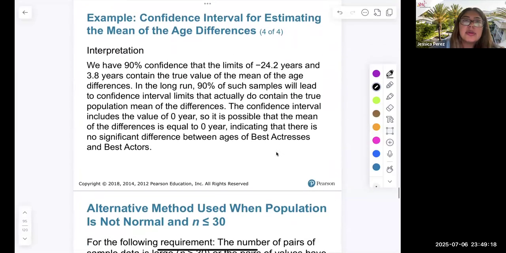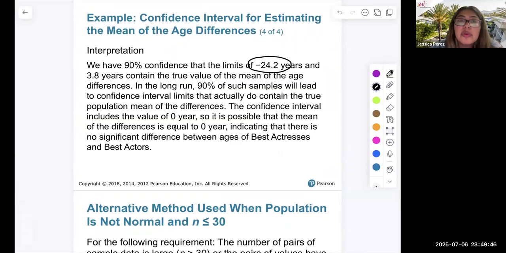So what is the interpretation? We have a 90% confidence that the limits of negative, so remember this is the lower bound, negative 24.2 years and 3.8 years contain the true value of the mean of the age differences. In the long run, 90% of such samples will lead to confidence limits that actually do contain the true population mean of the differences.